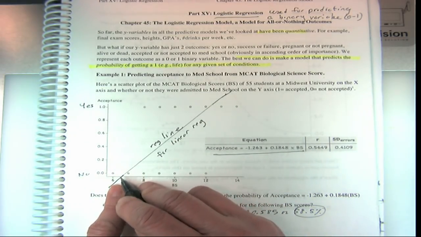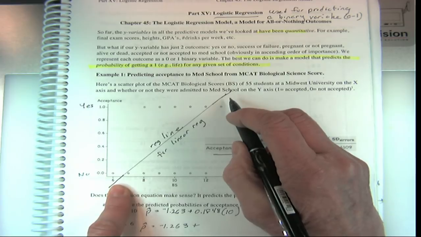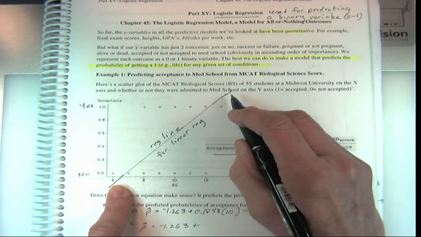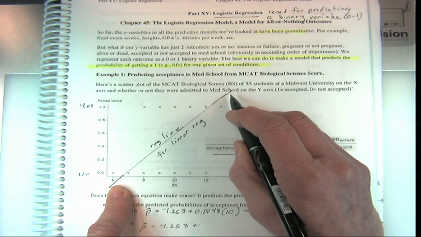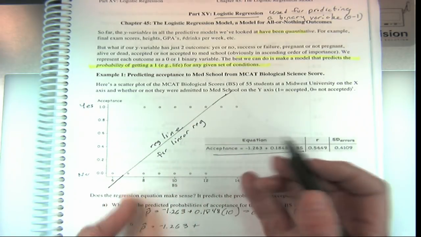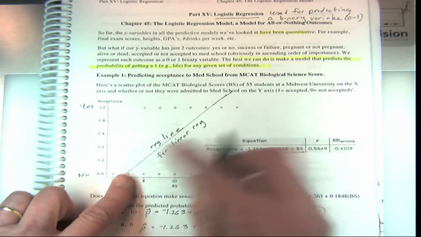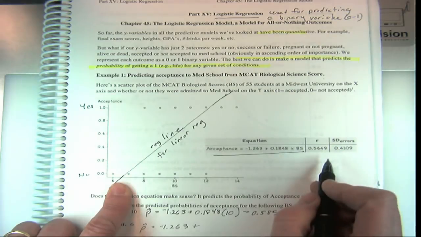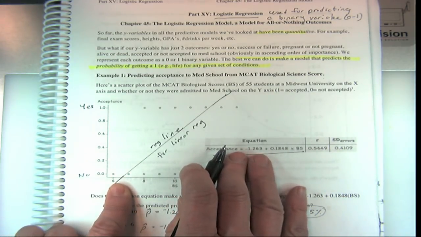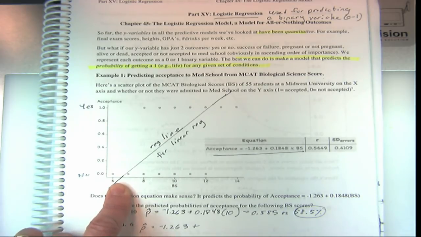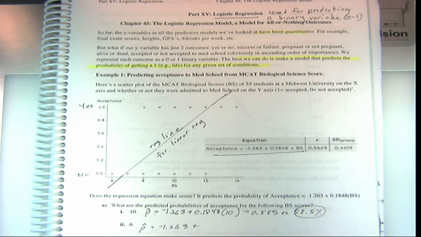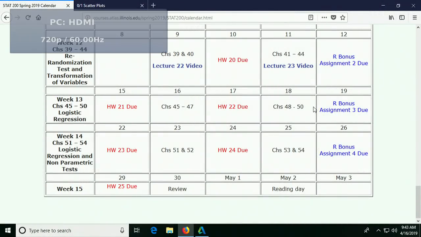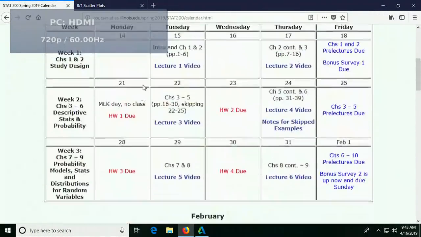So this right here is the least squares regression line that was fit by minimizing the sum of the squared errors. Well, what did it minimize here? How was this equation arrived at? To show you, let me go to the data program here.